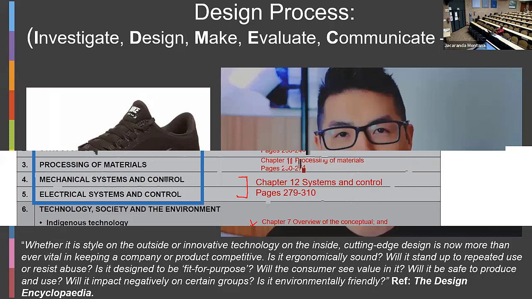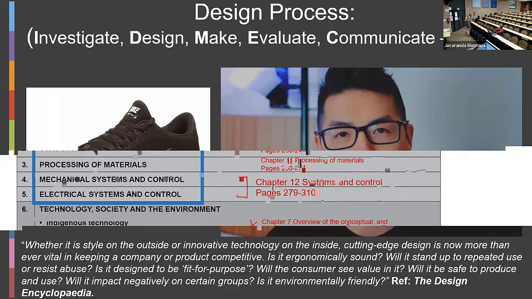Okay, so what shoe can you see over there? A Nike shoe, it's a free. Do you think any design went into that shoe? Yes or no? Yes. Do you think that shoe is perfect as is?